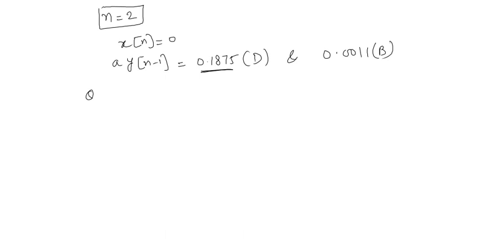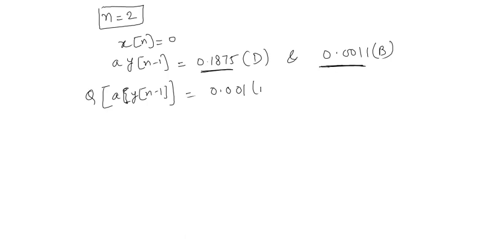Now if I write the quantized output, that will be a times y of n minus 1. Now you have to round off this one. If you round it off, you will get 0.001.